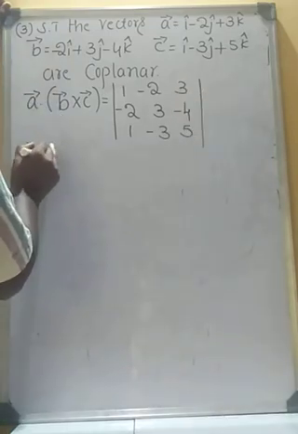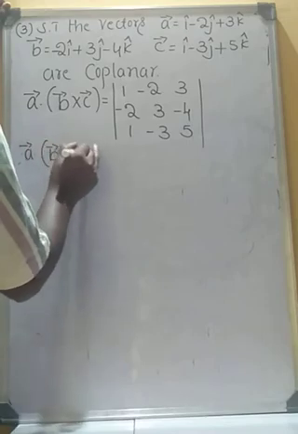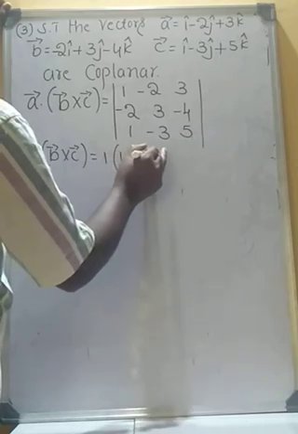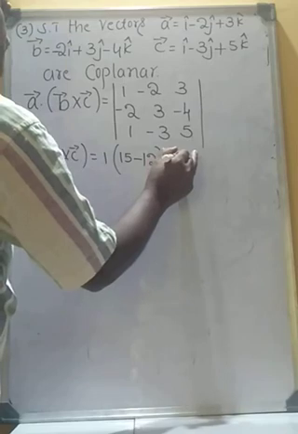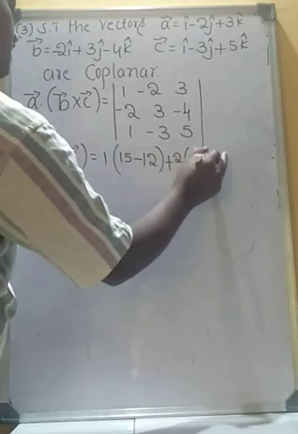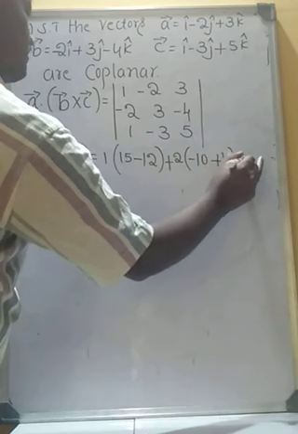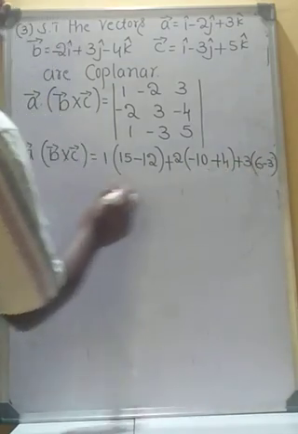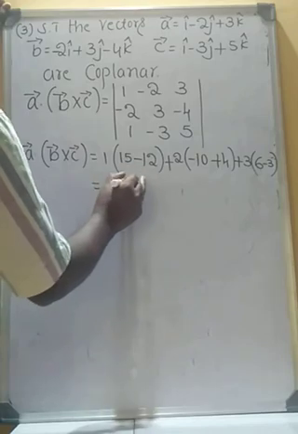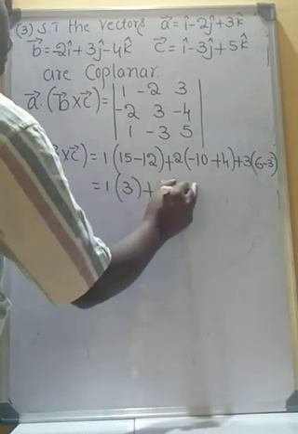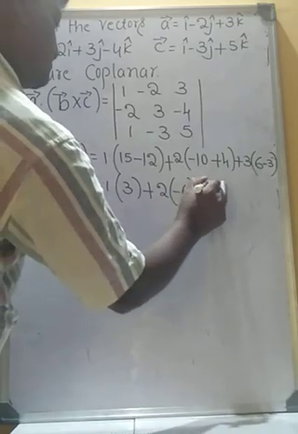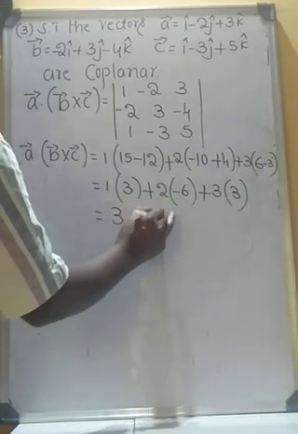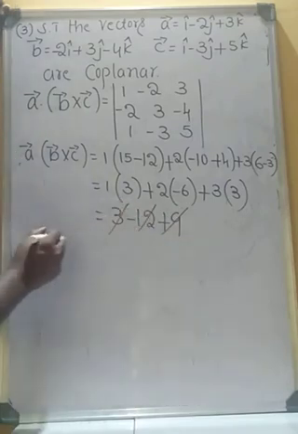Therefore it is equal to 1 into (3 5s are 15, minus 3 4s are 12), minus minus 2 into (minus 10 plus 4), plus 3 into (6 minus 3), equals 1 into 3 plus 2 into minus 6 plus 3 into 3, that is 3 minus 12 plus 9, which gets cancelled.